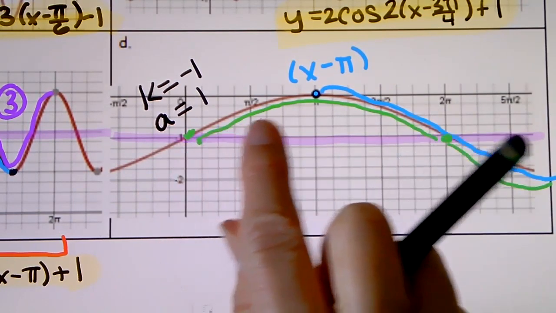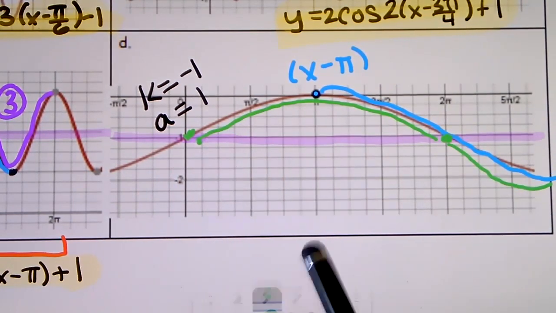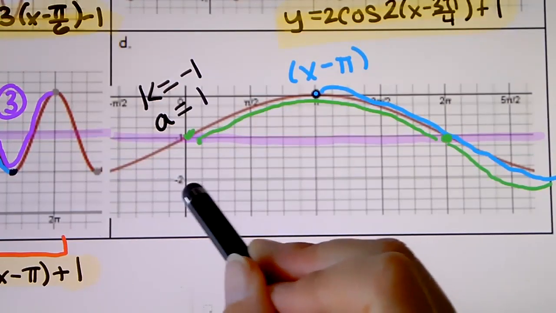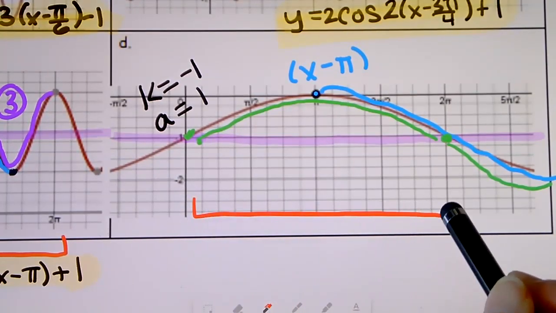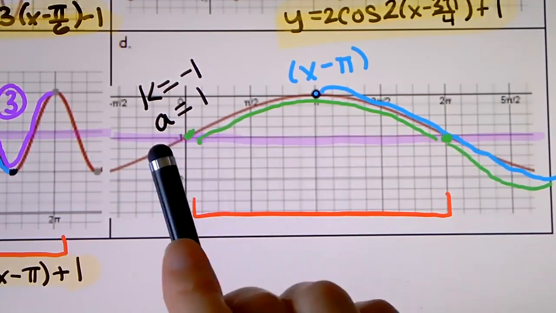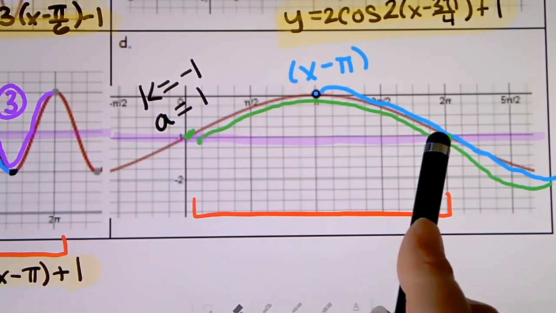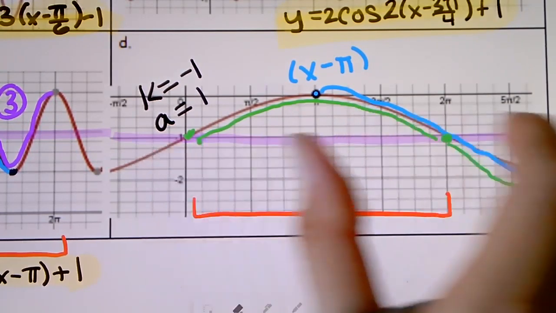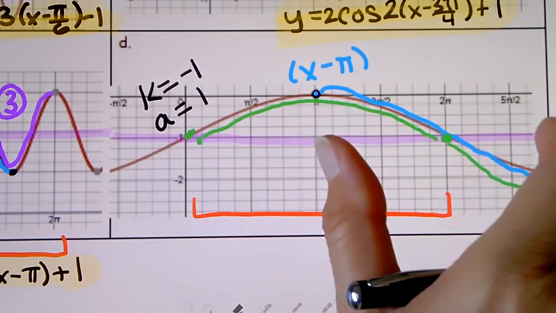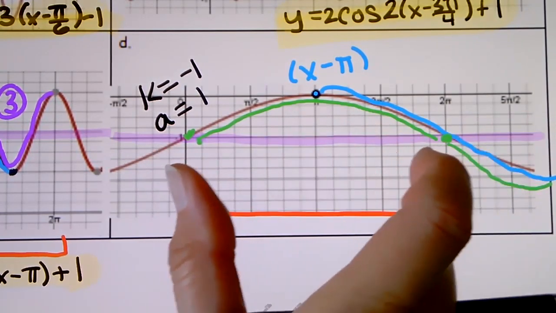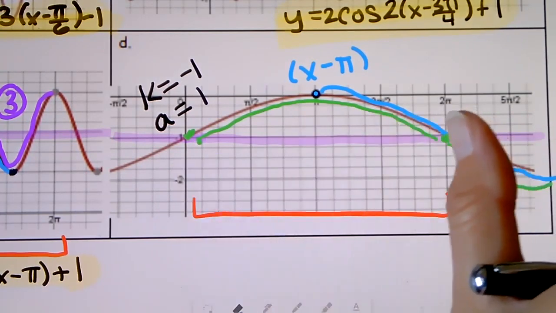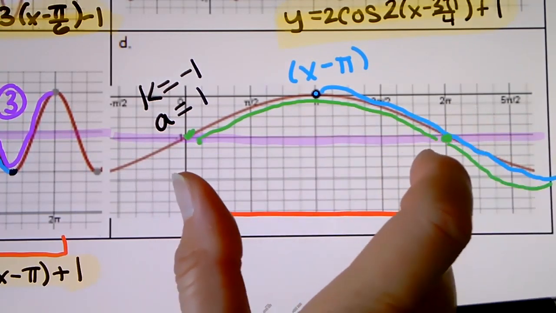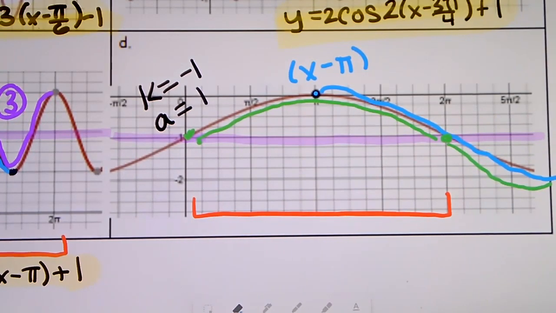Now you'll notice in 2 pi distance, remember how we talked about if I know 2 pi distance? In 2 pi distance, I had half of a sine graph. Well, if I have half of a sine graph, I would also have half of a cosine graph. It just would be shifted, but within 2 pi distance, regardless of where it's starting, if I have half of a sine, I also would have half of a cosine.